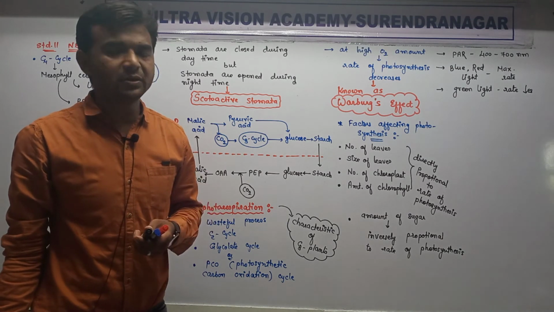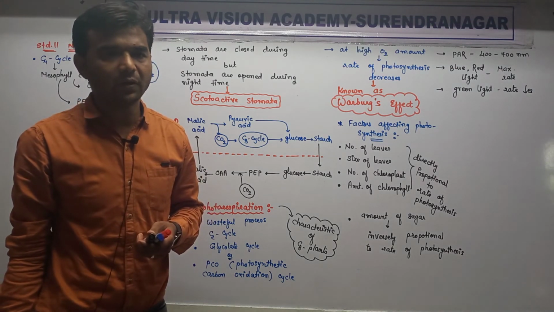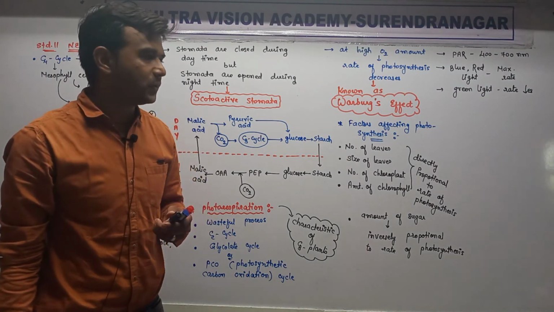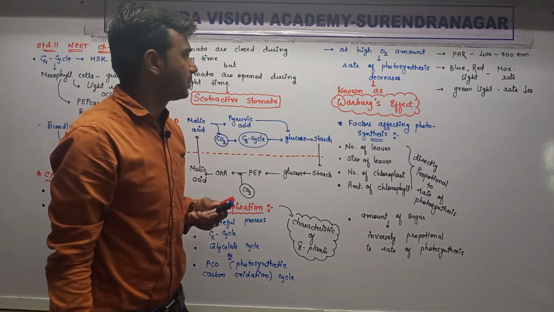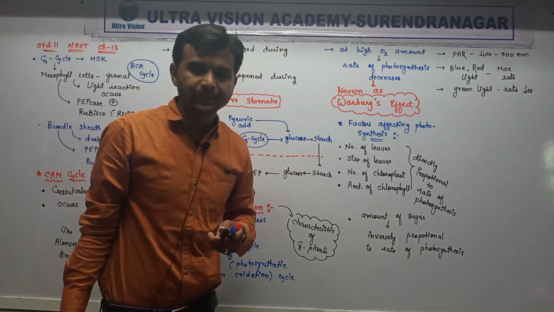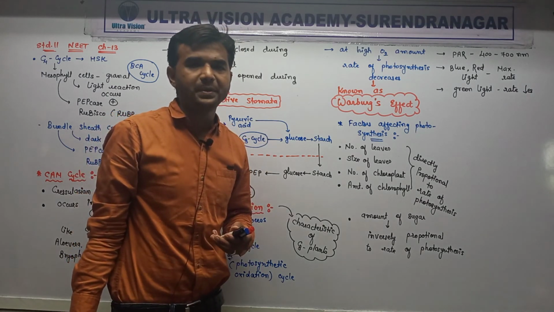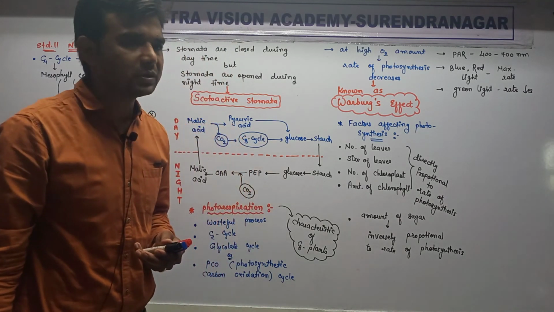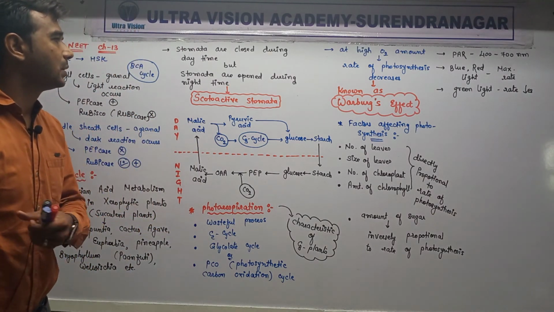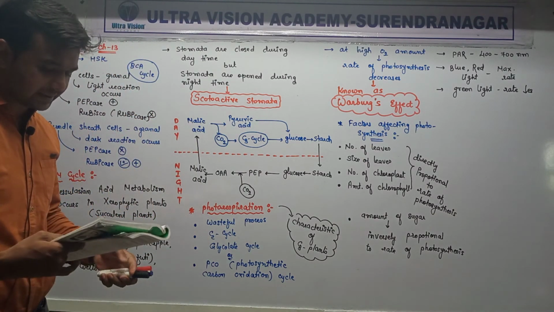At 0.036 percent of CO2, the rate of photosynthesis is maximum, but when you increase the CO2 level up to 0.05 percent, the rate of photosynthesis increases, and beyond that the rate decreases.